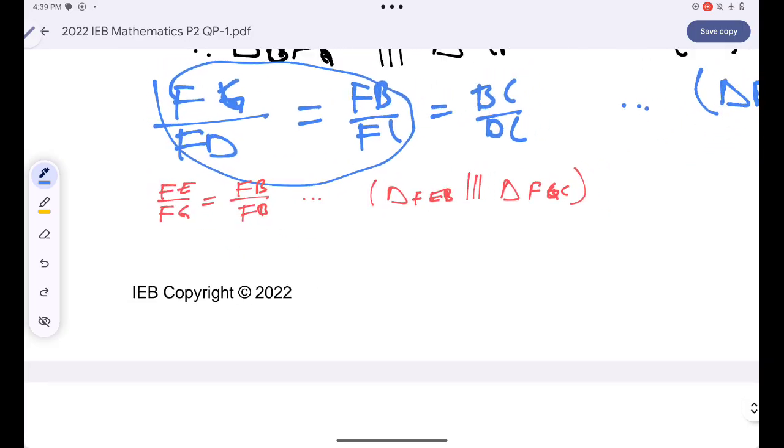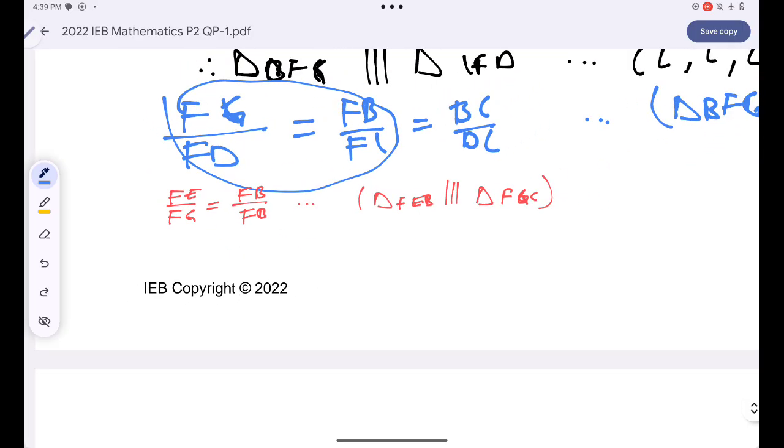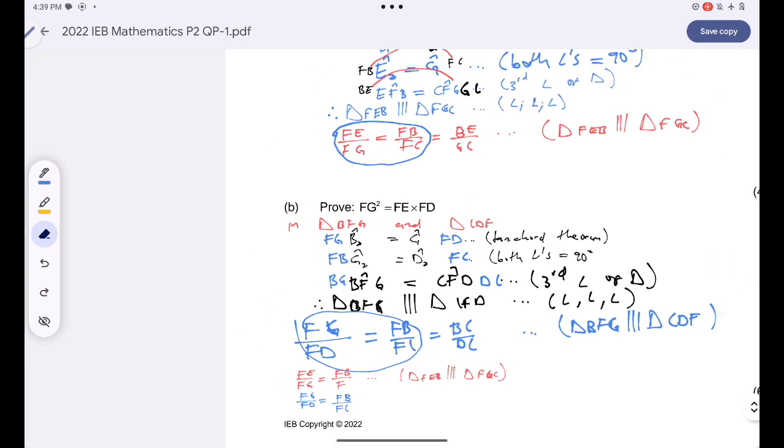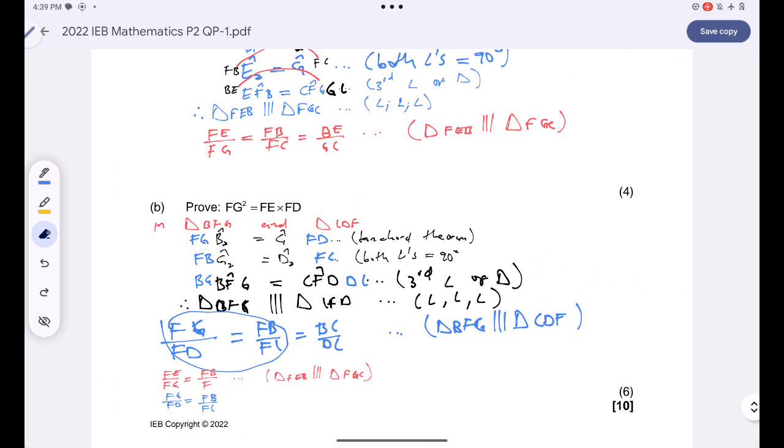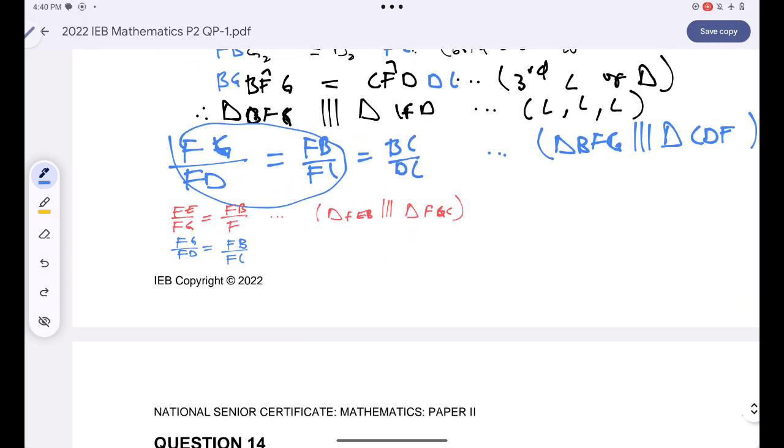Okay, and I'll also take FG over FD being equal to FB over FC. I think I made a mistake there. Let me go and confirm. Is it FC? Yeah, it was FC. We can all see. Don't say I'm forging my answer.